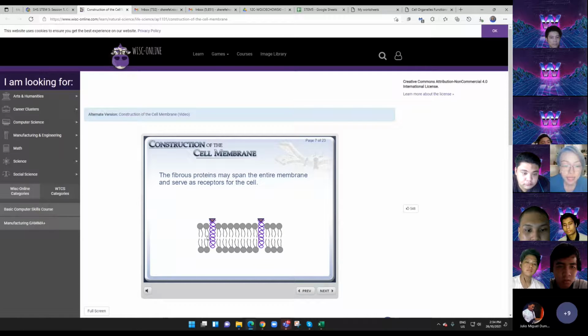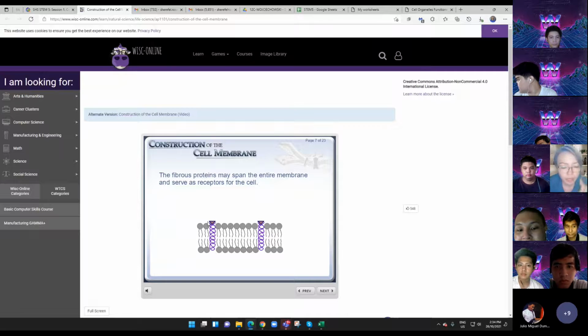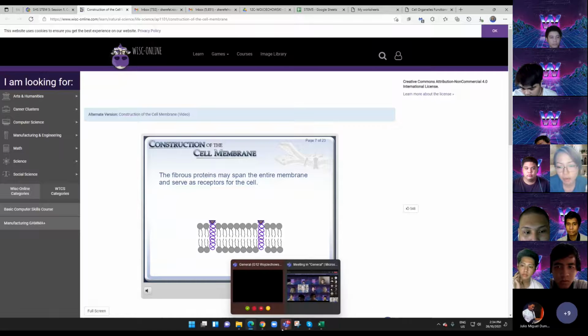So you can see that in that layer, there are also fibrous proteins. Unsa may role sa mga fibrous proteins? They serve as receptors for the cell. Receptors, receptor-mediated. Kabantay mo sa gistorya sa ato ang speaker before katong immunotherapy sa cancer.